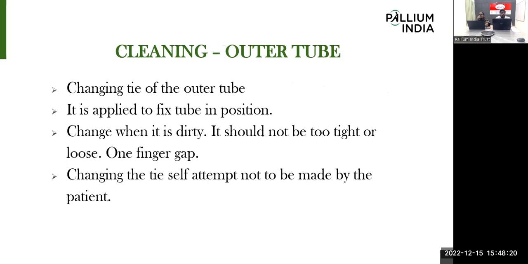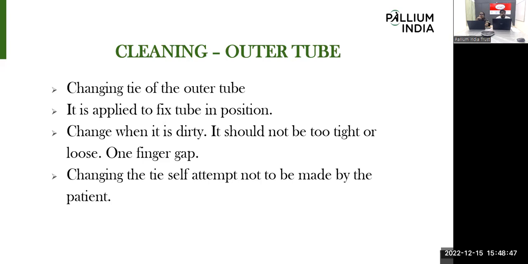Then, regarding the outer tube, what do we need to do? Appropriate changing of the tie. After placing a new tie and securing it, only then can we remove the old tie. Without that, don't remove the old tie. Then we fix the tube in position.